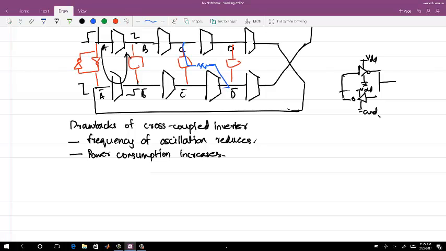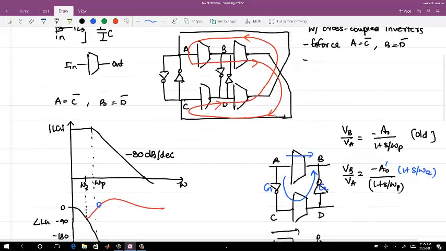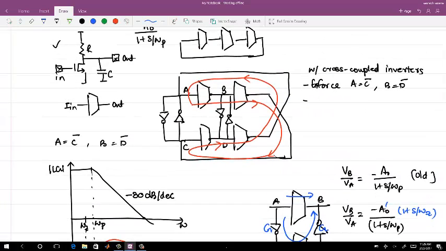Okay. And why can't I do the same thing for this one? This is the bigger problem, since we need to have zeros in the oscillator. Why can't I do the same thing here? So let me just put a resistor.